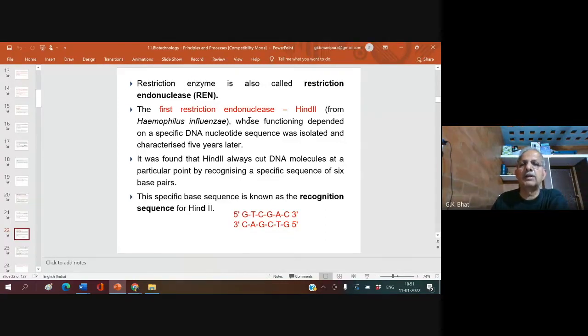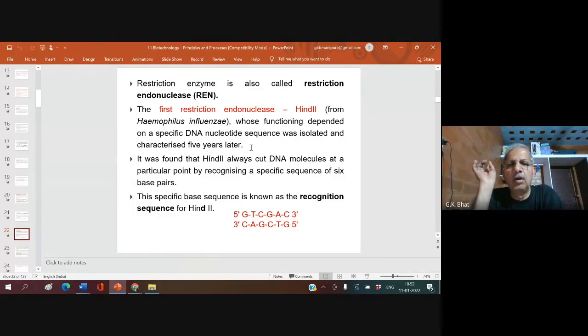The first restriction endonuclease, what is this? HindII, from Haemophilus influenzae, whose functioning depended on a specific DNA nucleotide sequence, was isolated and characterized 5 years later. So always ask the question, which one is the first restriction enzyme to be isolated?